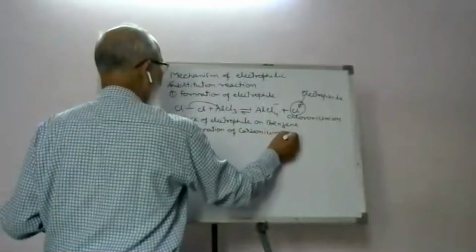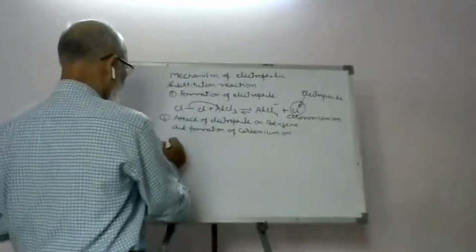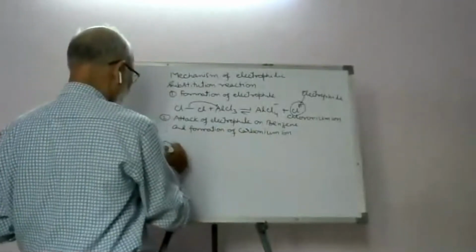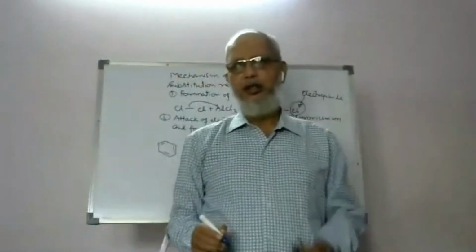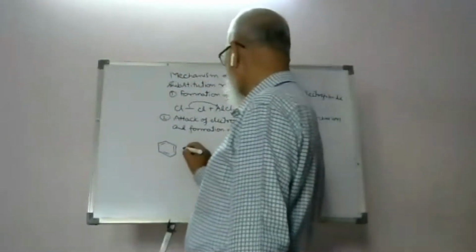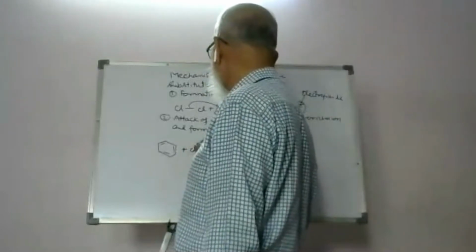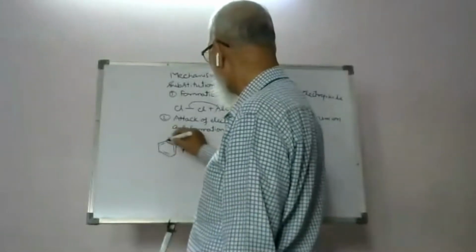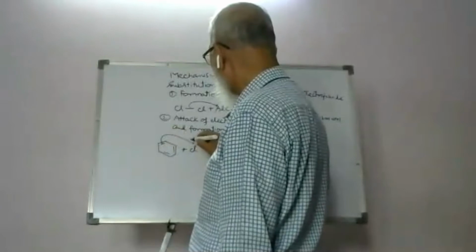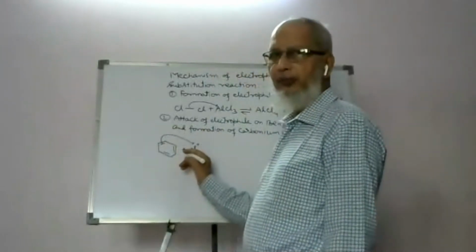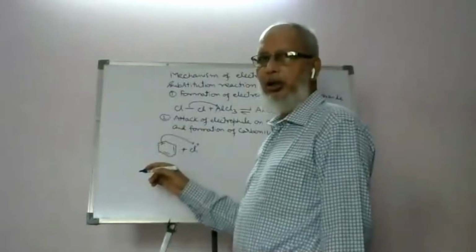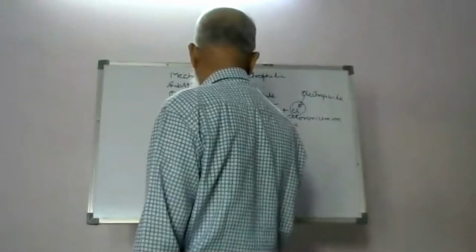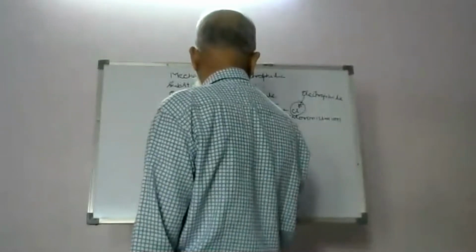So this is your benzene, which contains a pi electron cloud, that is, an electron rich center. This is your Cl plus electrophile. So this electron cloud attracts this Cl plus towards the benzene nucleus at any one of the corners, and there is formation of carbonium ion.